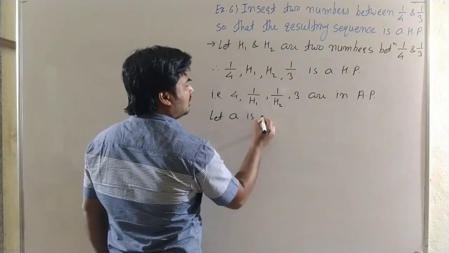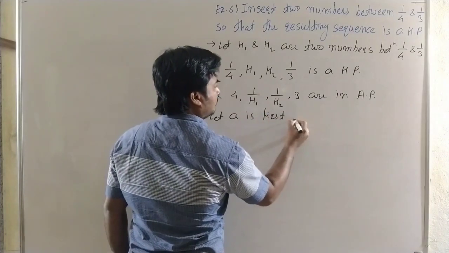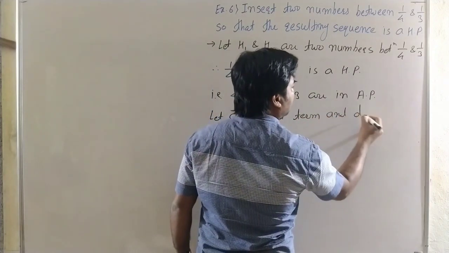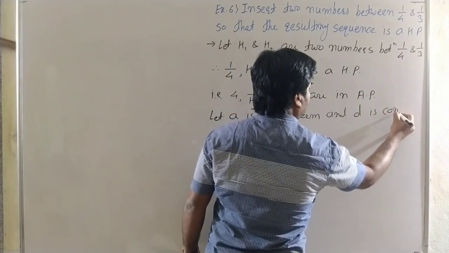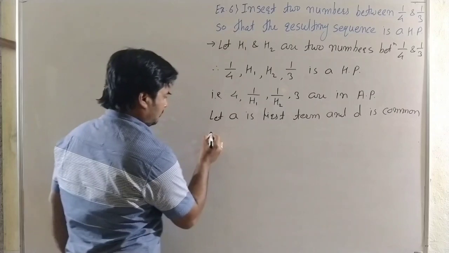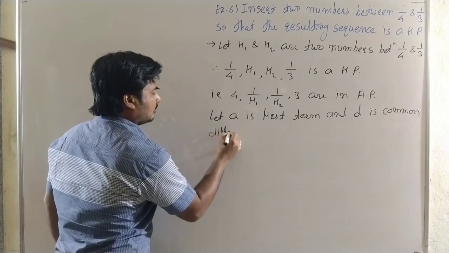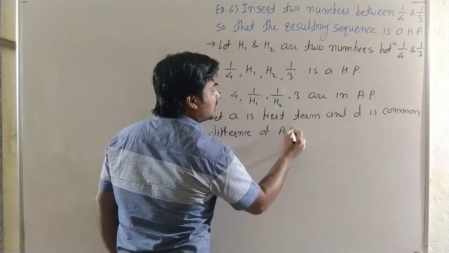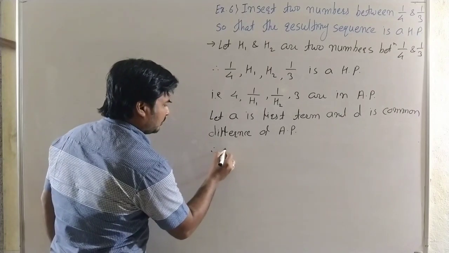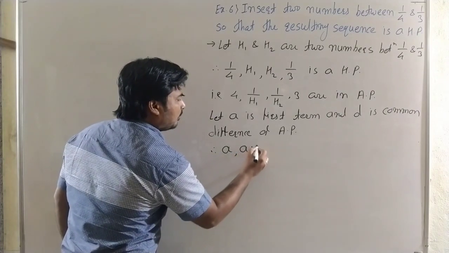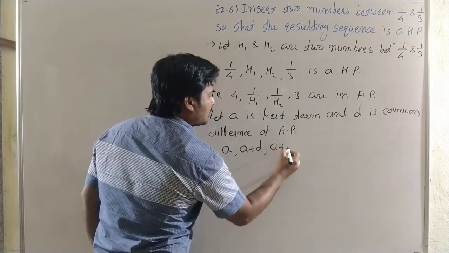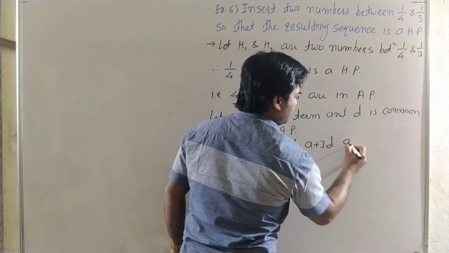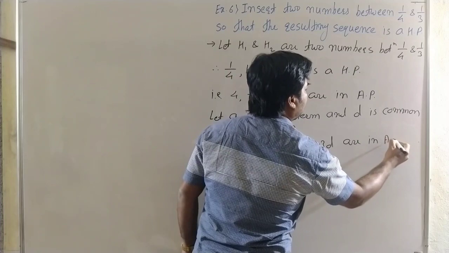Here let a be the first term and D the common difference of the arithmetic progression. Therefore, here it is a, a plus D, a plus 2D and a plus 3D that are in arithmetic progression.